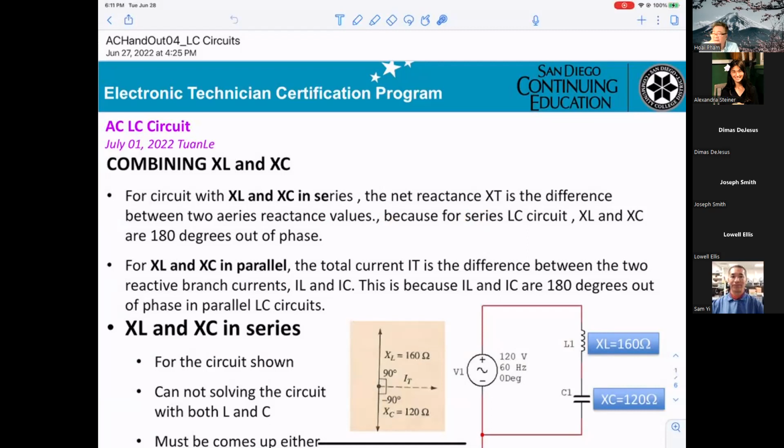Okay, all the time, you need to remember, XL and XC will be opposite.